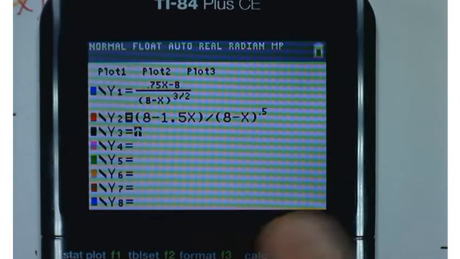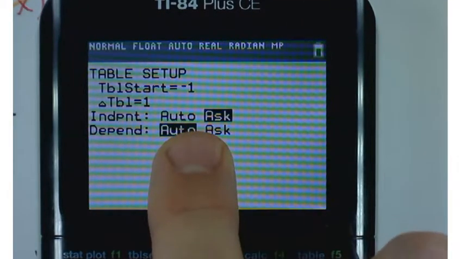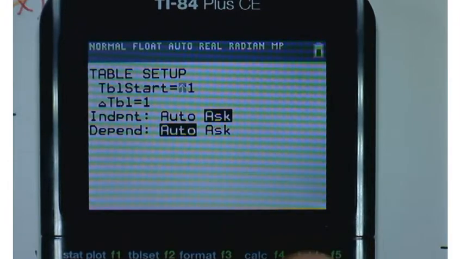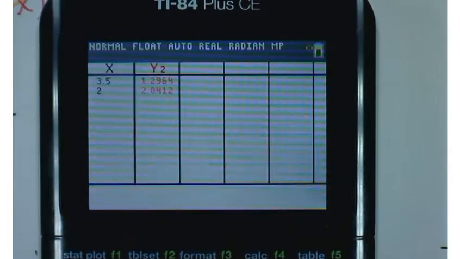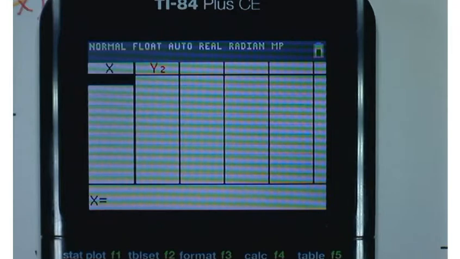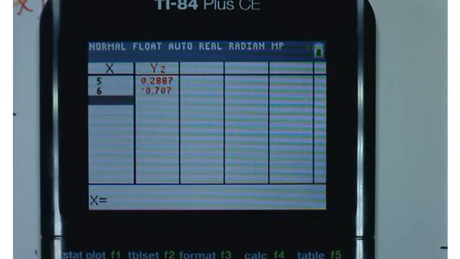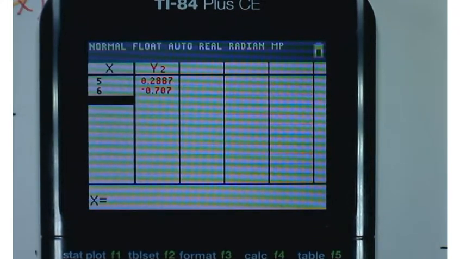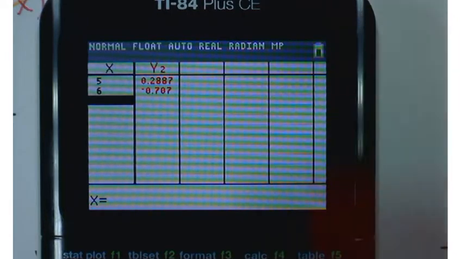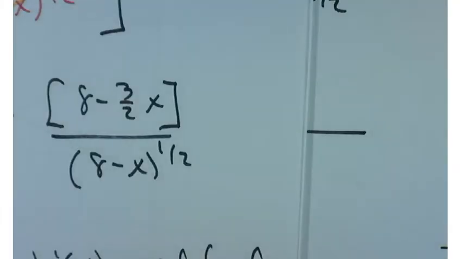Let's go to our table. Your table should be set up like this. And let's test some points. I think we said 5 and 6 worked okay. What's the information that I need out of this? Good. Positive and negative. So that's what we're looking for.